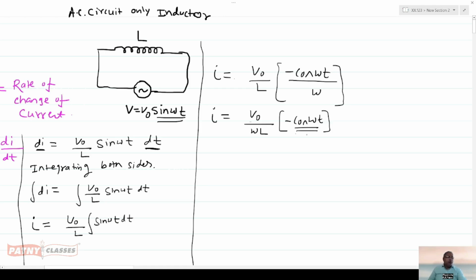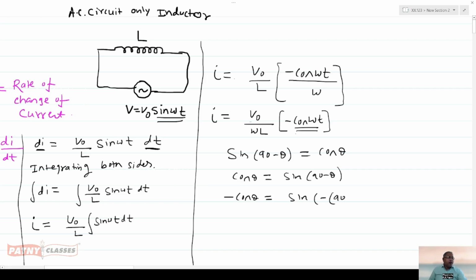To convert cos omega t, we use trigonometry: sine of 90 minus theta equals cos theta. That means cos theta can be written as sine of 90 minus theta, and minus cos theta can be written as sine of theta minus 90.